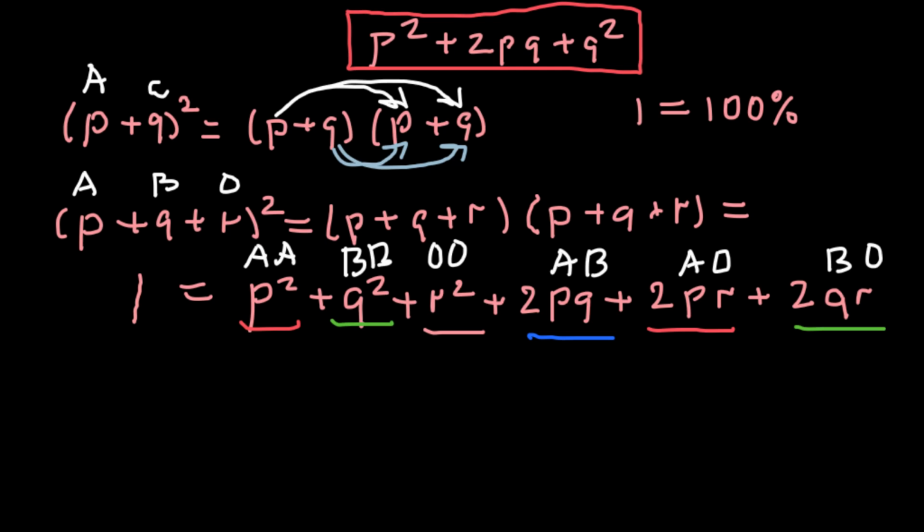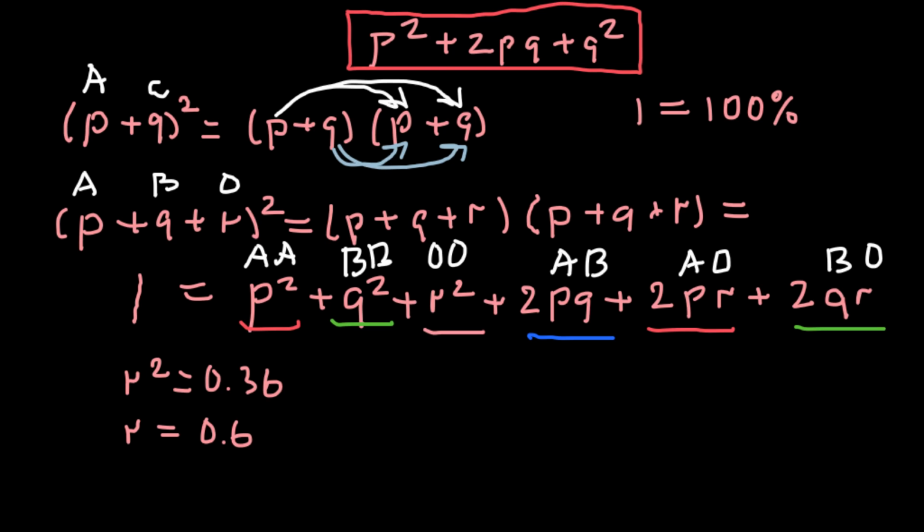So if we know that the frequency of R squared equals 0.36, this gives us information that R would equal 0.6. We just took the square root of this number.